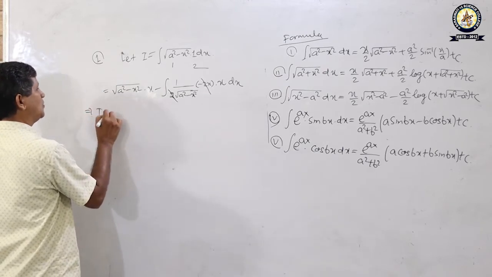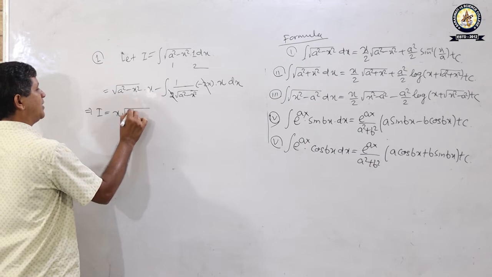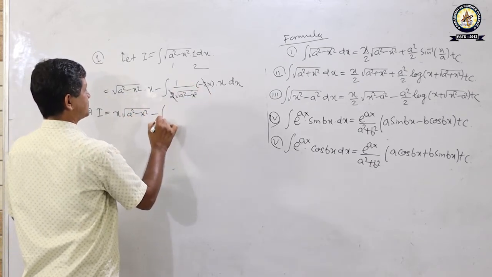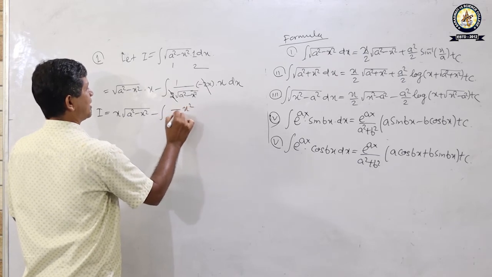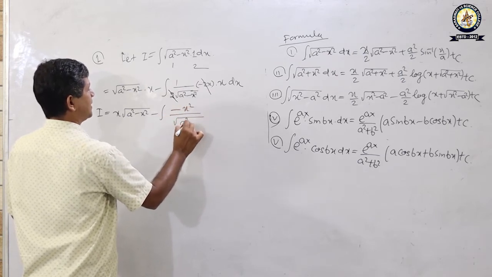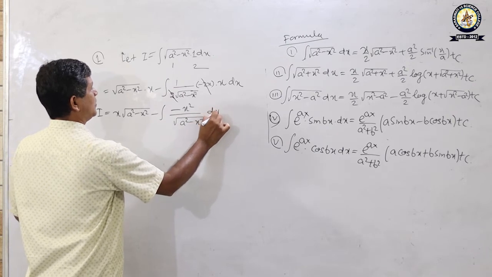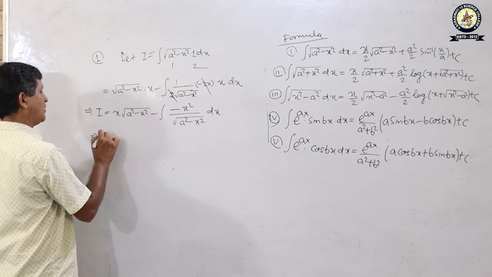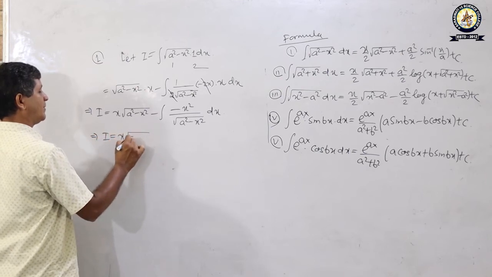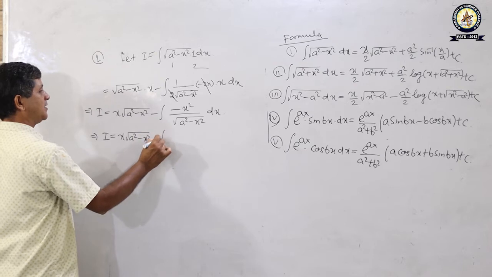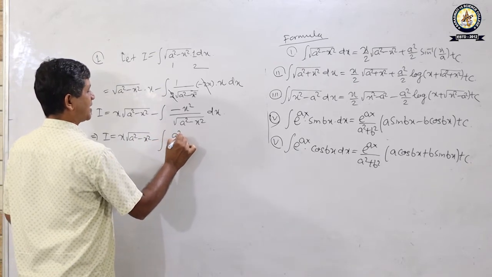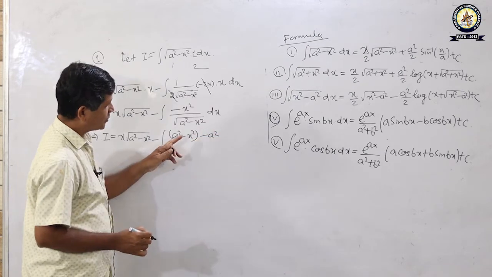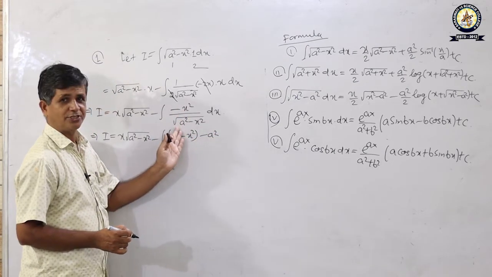So I equals x times root of a square minus x square, minus the integration of minus x square by root of a square minus x square into dx. Implies I equals x root of a square minus x square minus the integral, where we just adjust the numerator using the denominator.